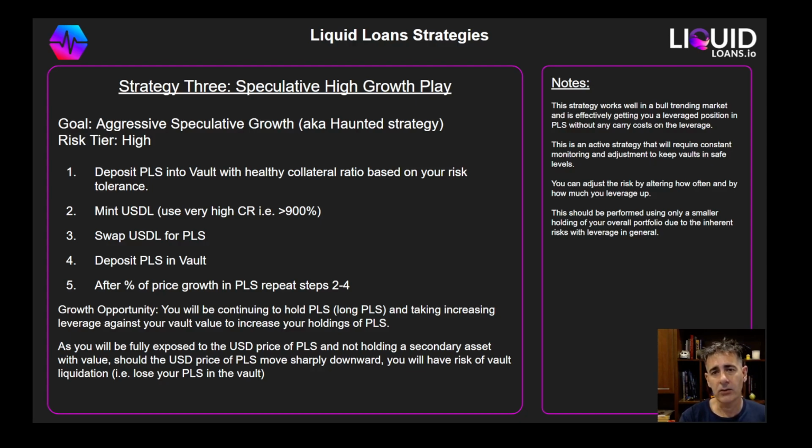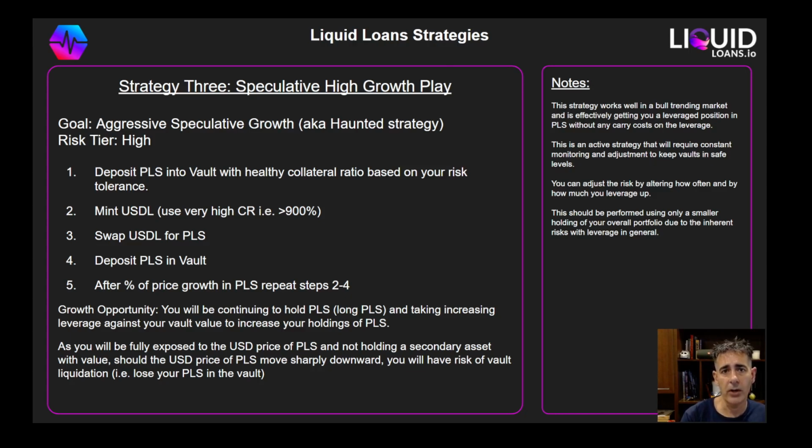Once again, looking over at our notes, this strategy works well in a bull trending market and is effectively getting you a levered position in Pulse without any carry costs on the leverage. So if you go to a normal exchange and you want to get some margin and get some leverage and do effectively margin trading, that comes at a cost.